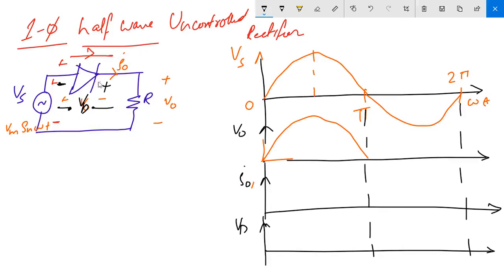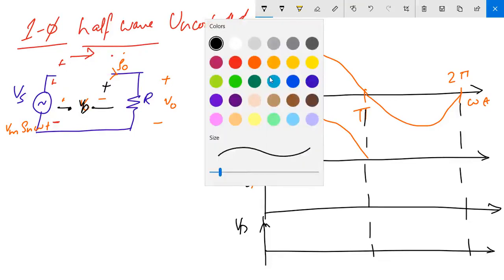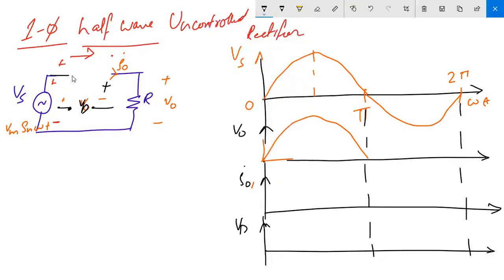So when the diode is connected, what happens to the voltage V naught? If you apply KVL, V naught is equal to Vs, that is equal to Vm sin omega t. What about I naught?